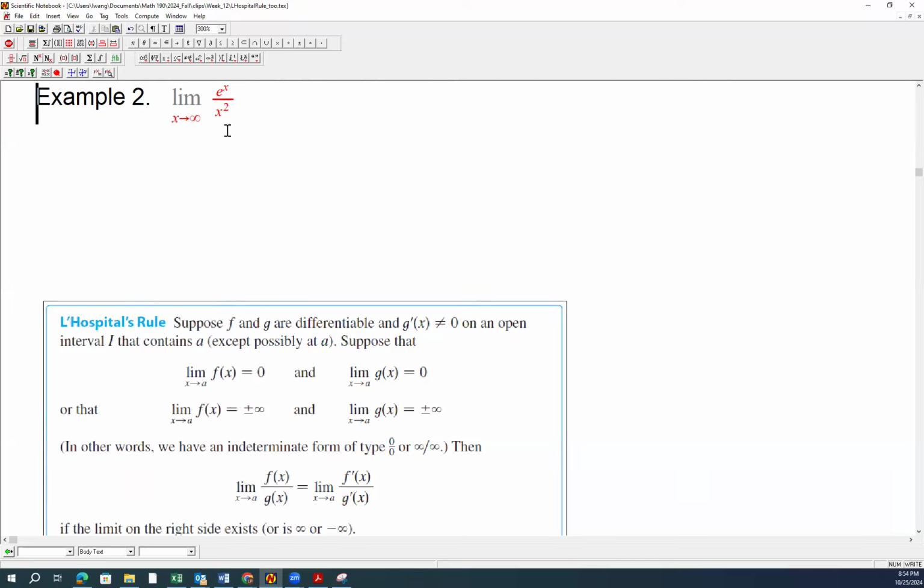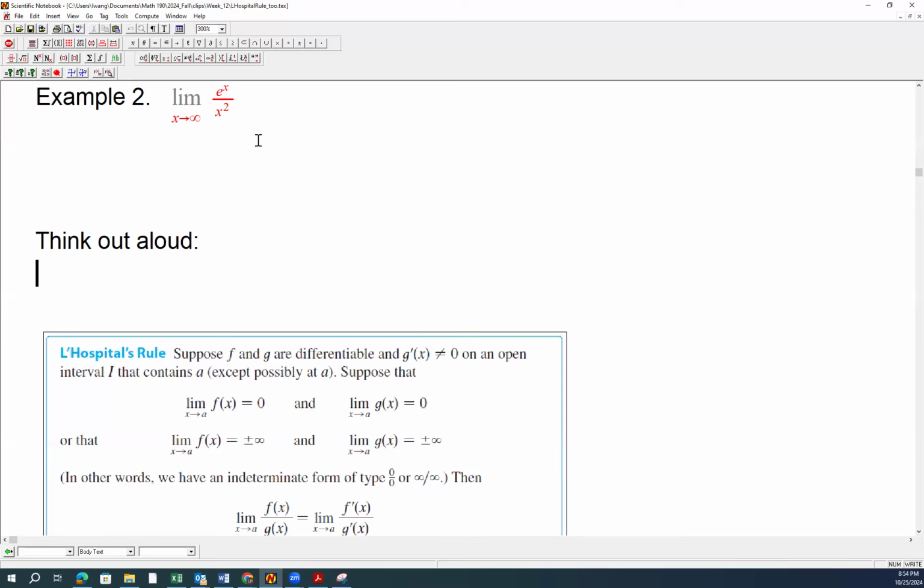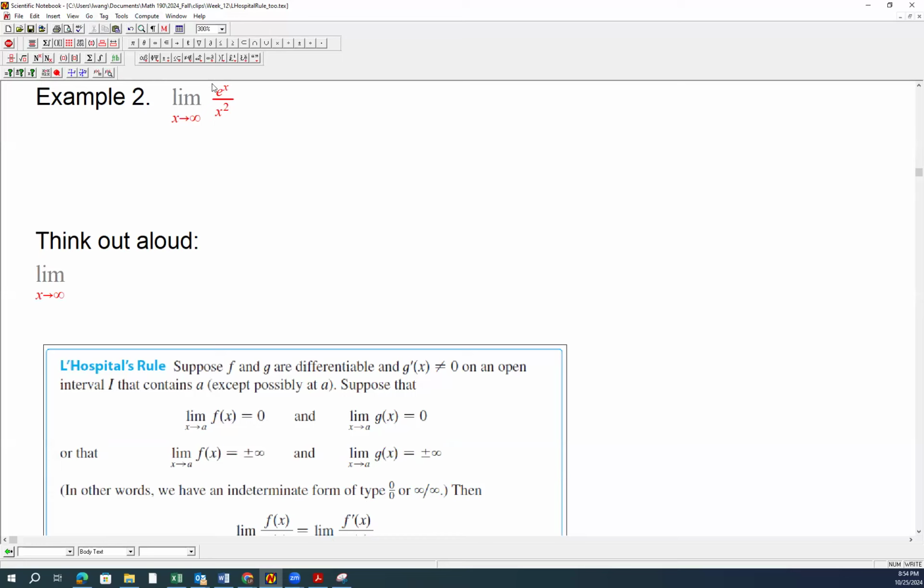This is the case where x is approaching infinity, so once again, we're going to think out loud. On my scratch paper, you just take a derivative, you're checking, but your reader doesn't need to see this. I'm checking this in my mind.